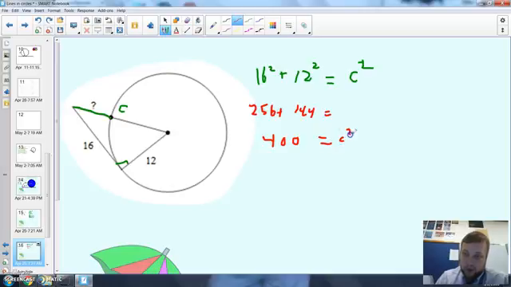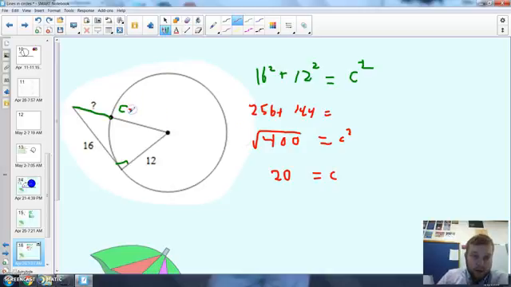Now remember, how do we get rid of that little square hickey? Not the kind of hickey you're thinking, but the other square hickey. We're going to square root that sucker. That's 20. C is 20. Oh my goodness.